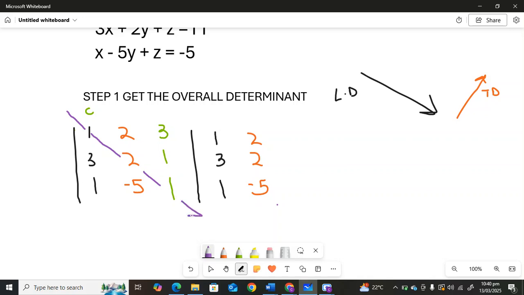This is our first diagonal here, this arrow in purple. We say 1 times 2 times 1, we get 2. Any questions?